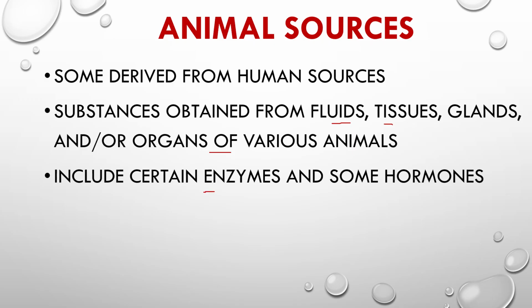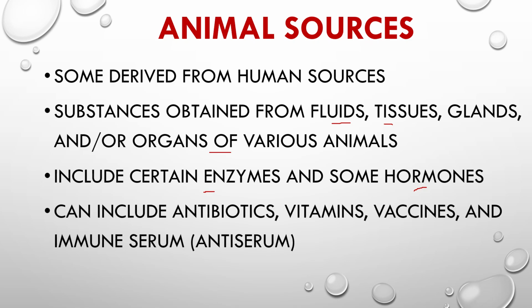Again, certain enzymes, also hormones, can be isolated from one organism or one animal and given to another. This also can include some antibiotics, more antibodies than antibiotics necessarily. So if somebody is producing antibodies, sometimes those can be transplanted from one person to another. Vitamins, vaccines, some antiserum can also be included as well. Again, that antiserum would have antibodies given from one patient to another.